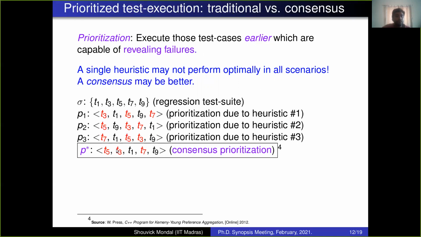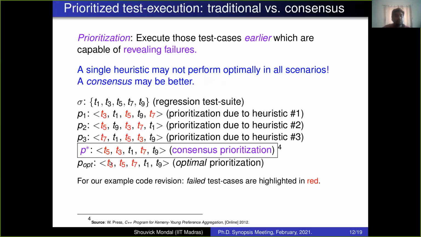We see that if we execute only the first two test cases, and suppose each test case takes 1 hour to complete, then according to the consensus prioritization we get 2 failures revealed, whereas in the others we have only 1 failure revealed. So we see that this consensus prioritization is closest to the optimal prioritization. In optimal prioritization, the test cases fail consecutively from the beginning.